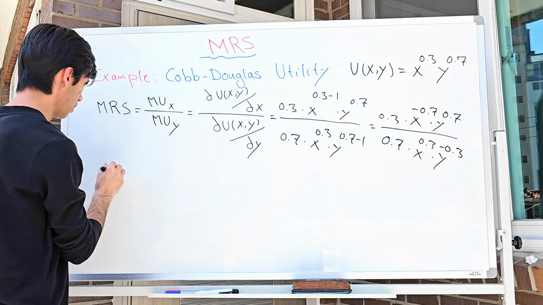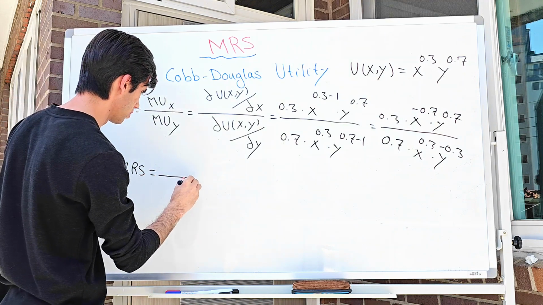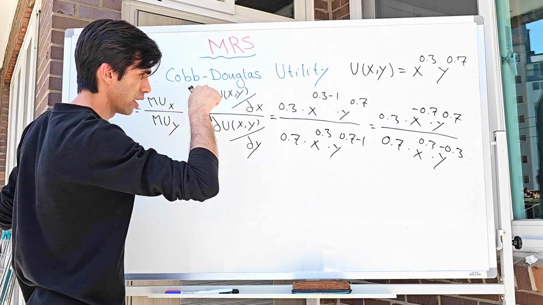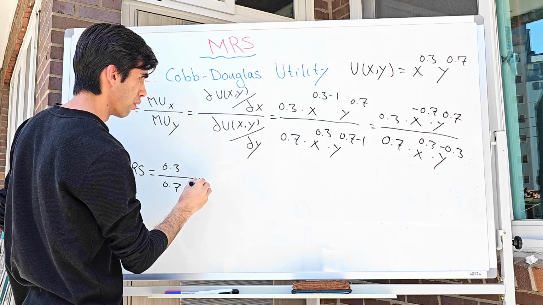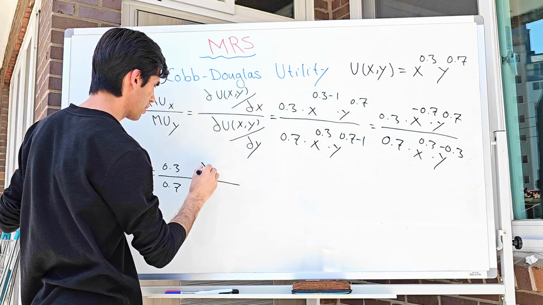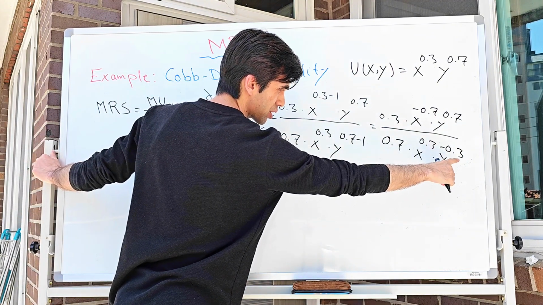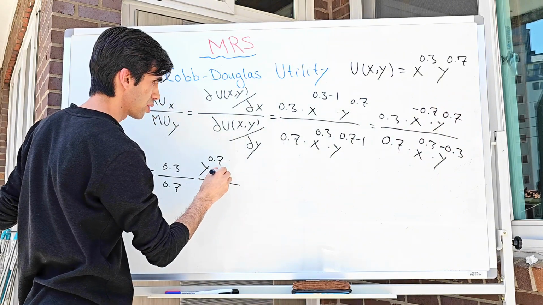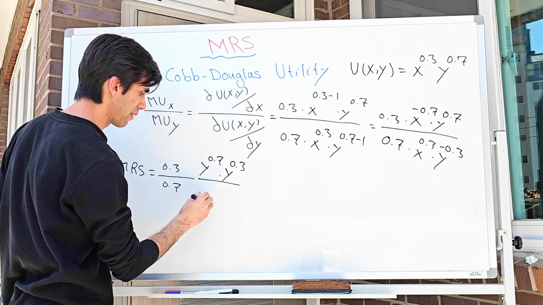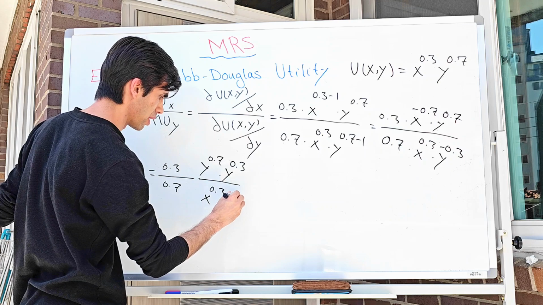So now the marginal rate of substitution is equal to 0.3 over 0.7 multiplied by y to the power of 0.7; keep that one, and move y to the power of minus 0.3 to the numerator, where it becomes y to the power of 0.3, and we have x to the power of 0.3 multiplied by x to the power of 0.7.